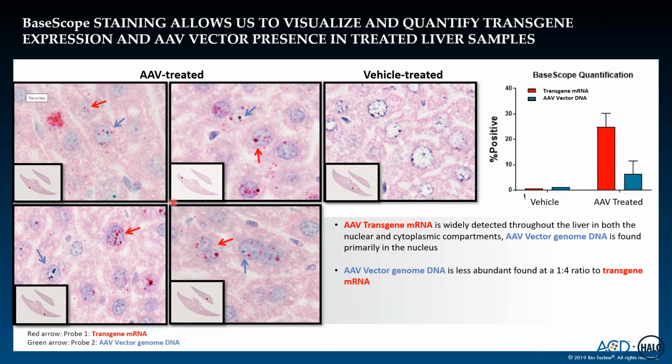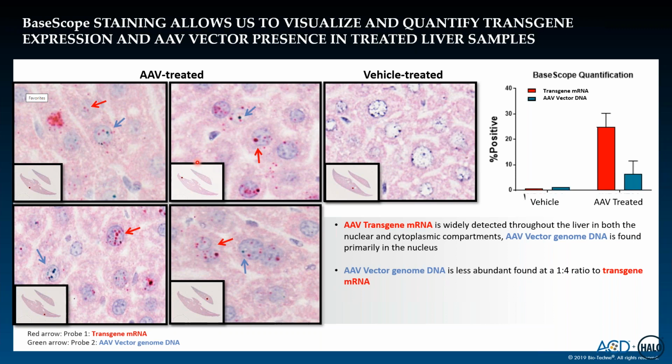So compared to the vehicle, you can see that the transgene and the AAV vector show strong expression in these cells. In red is the AAV transgene mRNA, and in green is the AAV vector genome.